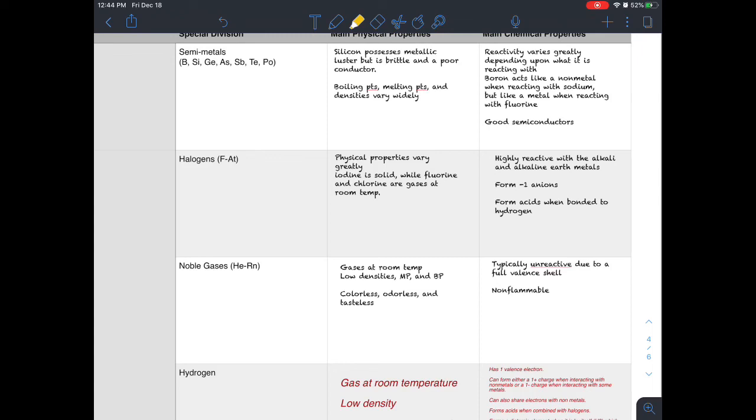Now, some resources will also put astatine in there with the semimetals, and one of the reasons they do that is because astatine does have some properties that are more characteristic of a semimetal than of the halogens. But for the purposes of recognizing that the fluorine, chlorine, bromine, iodine, and astatine group all have 7 valence electrons, all highly reactive, I like to keep them labeled as a halogen.